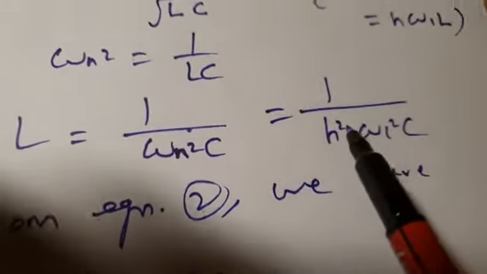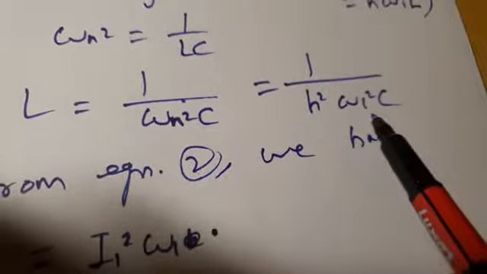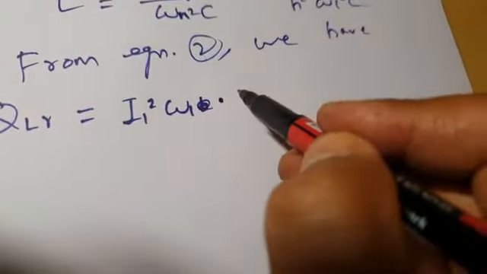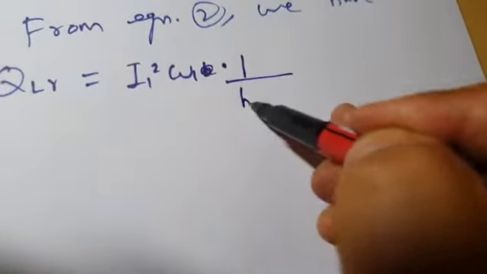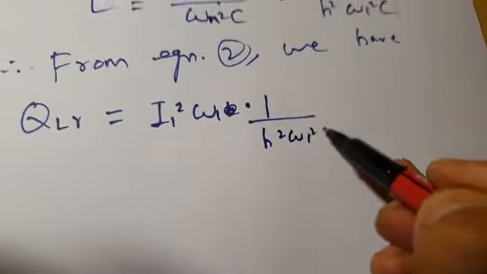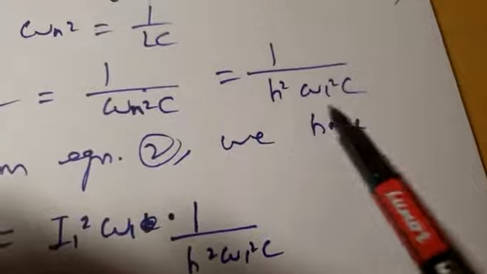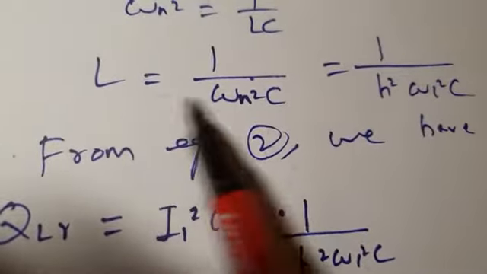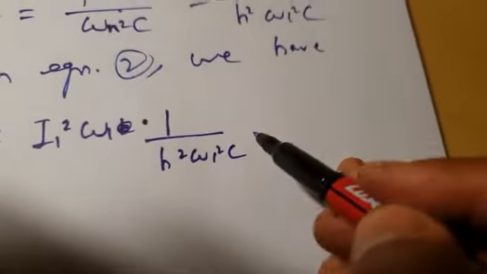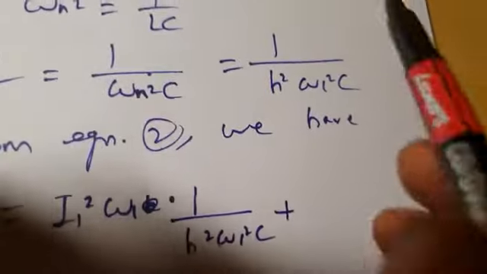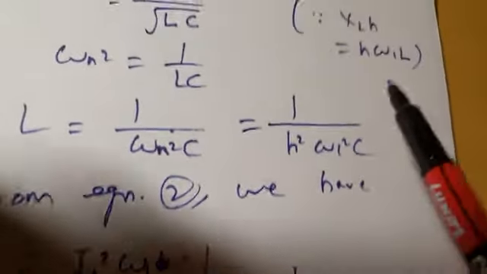Just now I have found L is equal to 1 by h square omega 1 square C. So I will replace L by 1 by h square omega 1 square C, which I just found.